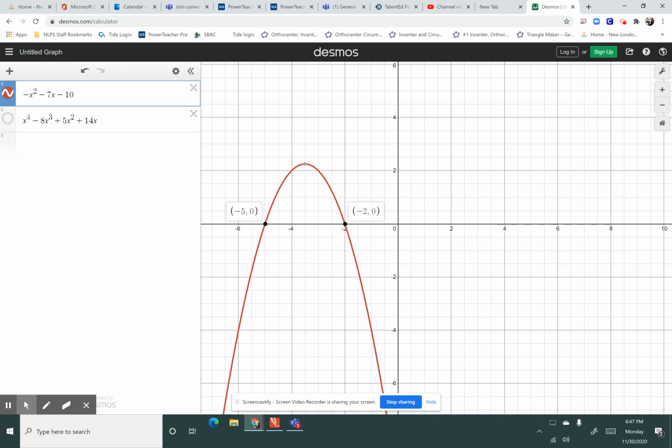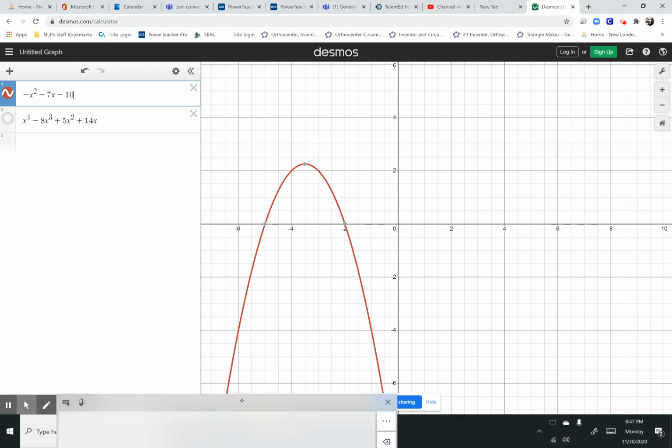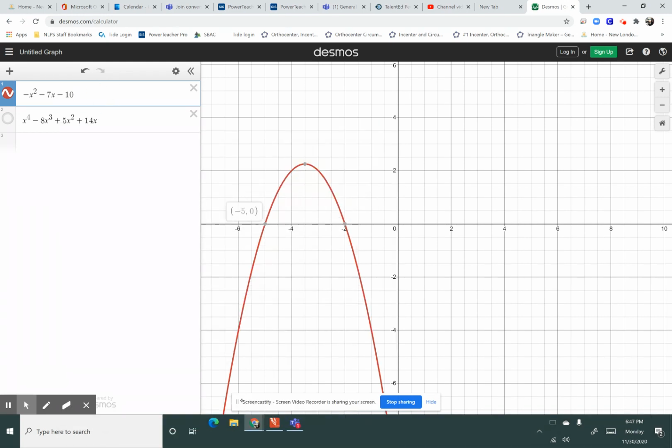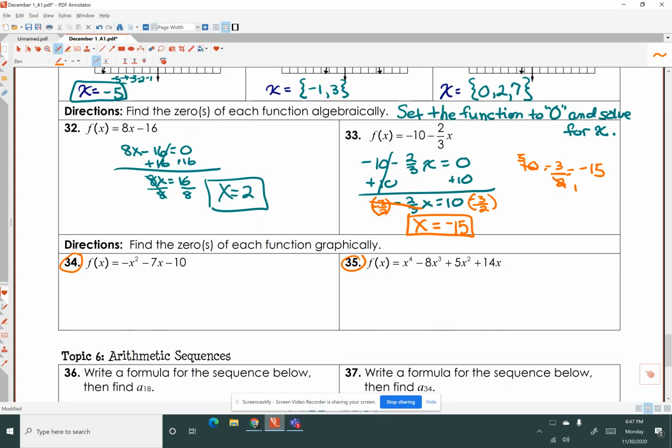So for this equation right here, bring those up again. Okay, do you see those x values, negative 5 and negative 2? So when I get to my problem, I will write x equals, if there's more than one value, use set notation, negative 5, negative 2.